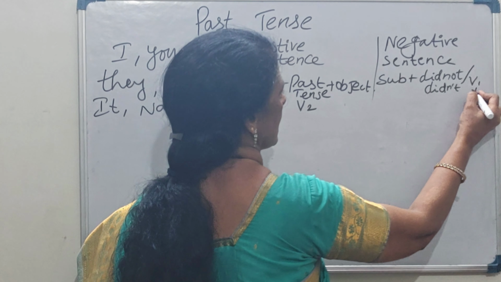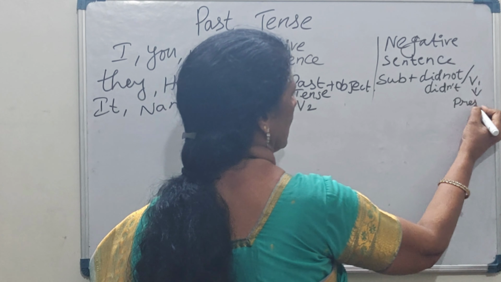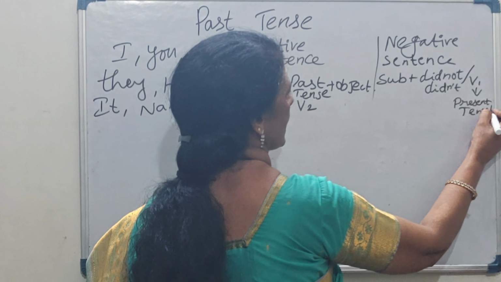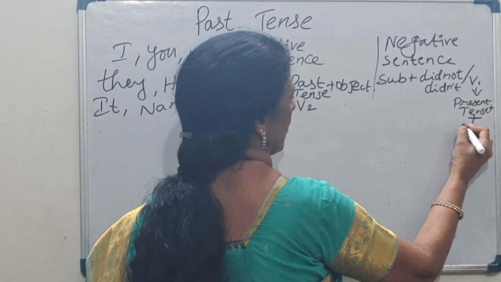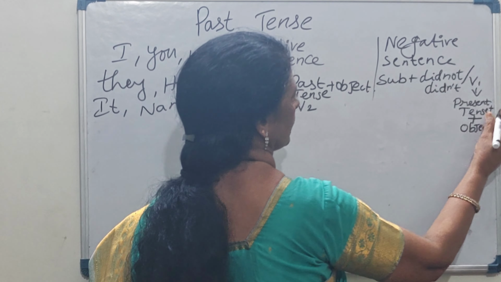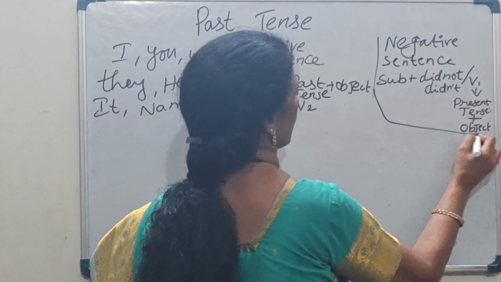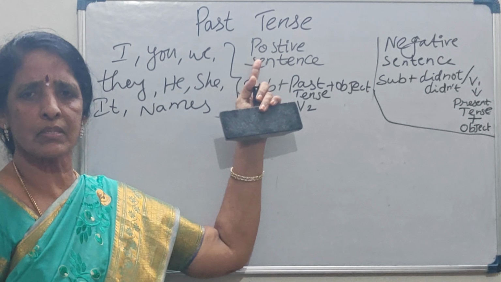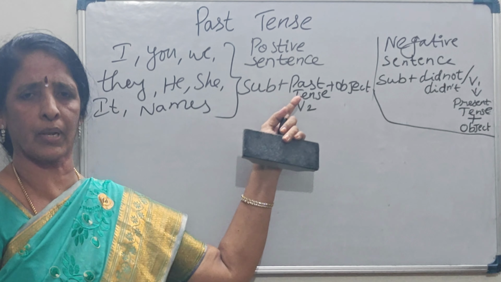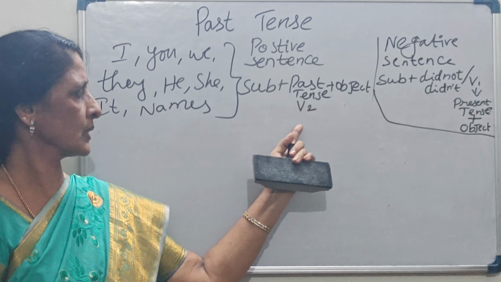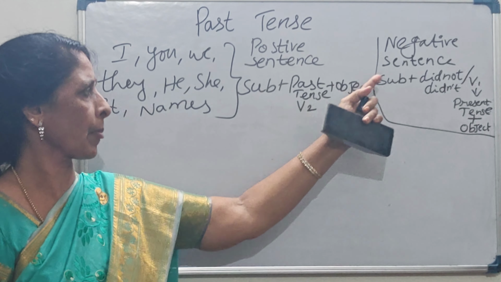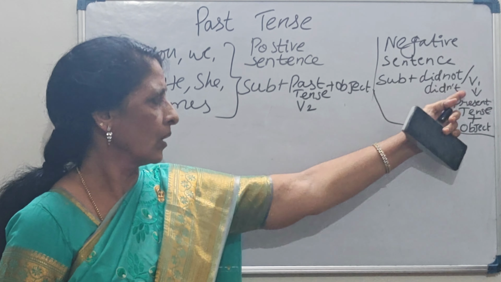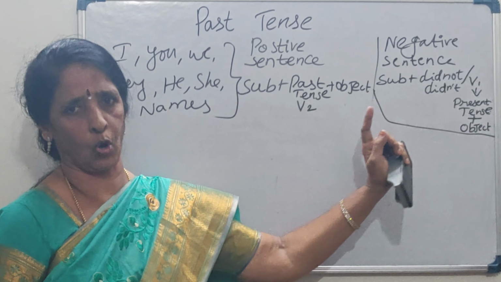V1 means present tense, plus object. Okay. For a positive sentence: subject, past tense plus object. That is V2, and V2 means past tense. For a negative sentence, we have to write subject, did not or didn't, verb V1 (present tense) plus object. Okay.